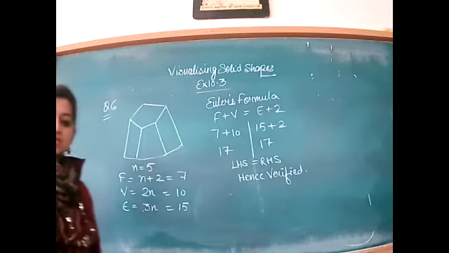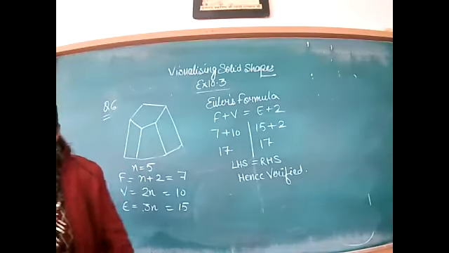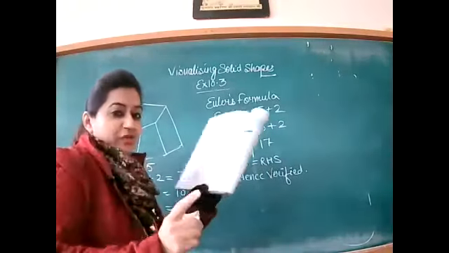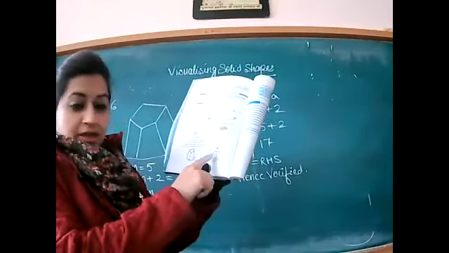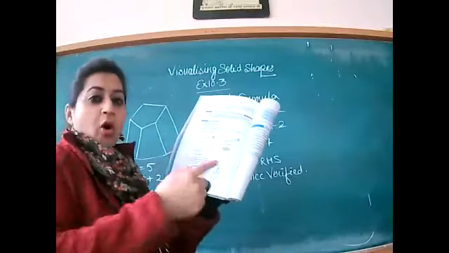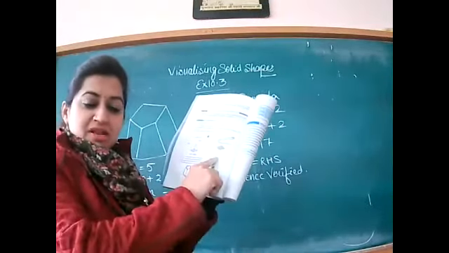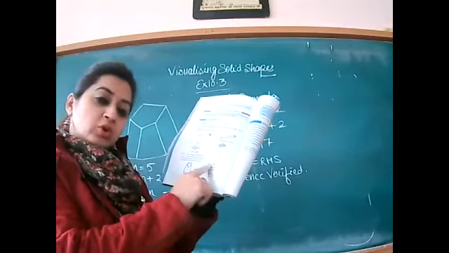So you all please try to solve the next part. Actually, in the next part, it is a combination of two figures. One is a cuboid in the bottom, and on the cuboid you have one pyramid. तो आप pyramid के अलग से find कर लो, इसके अलग से find कर लो, दोनों को total कर लो.